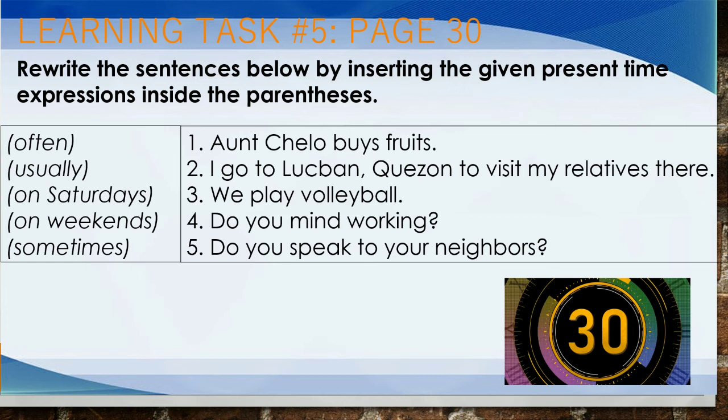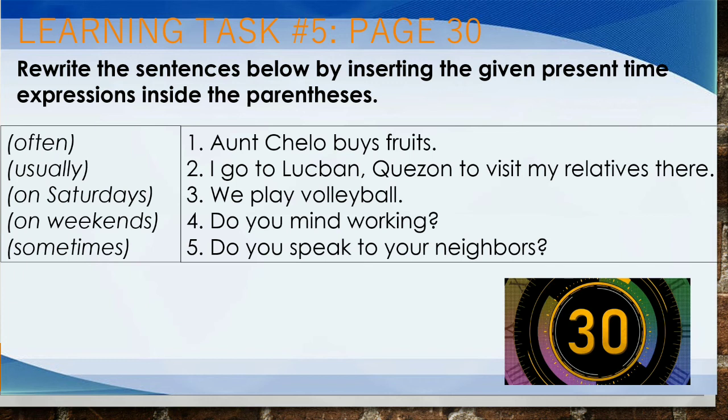Number 2, I go to Lucban, Quezon to visit my relatives there. The time expression is usually. Where do we place it in the sentence? Number 3, we play volleyball. Okay, rewrite it by inserting the time expression on Saturdays.